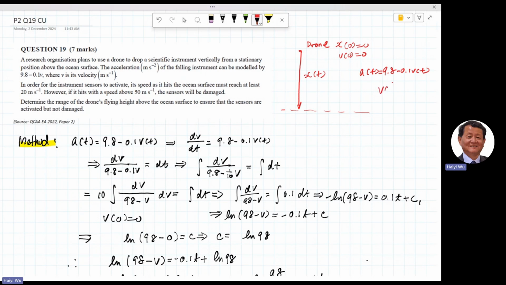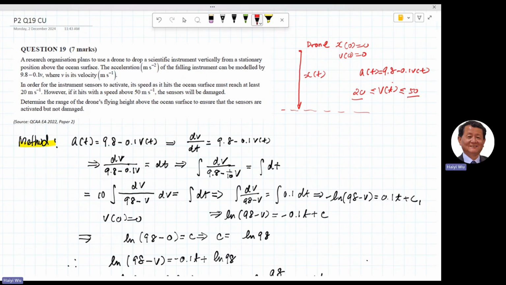The speed at which it hits the ocean must reach at least a minimum of 20, but less than 50, because the minimum should be 20 to activate the device.